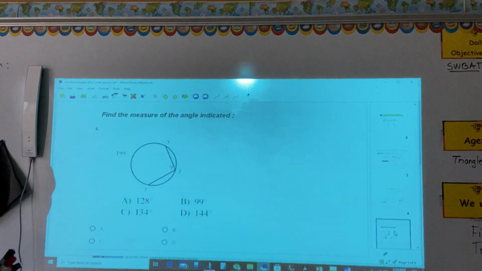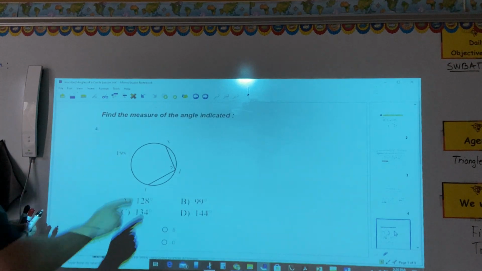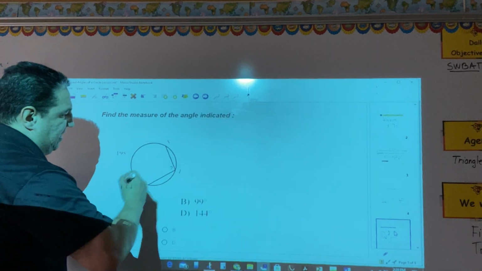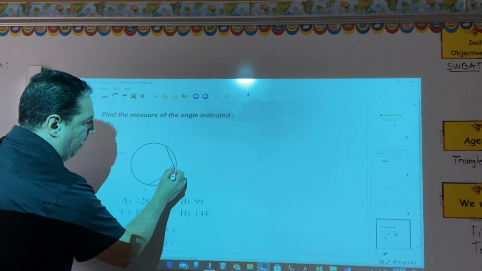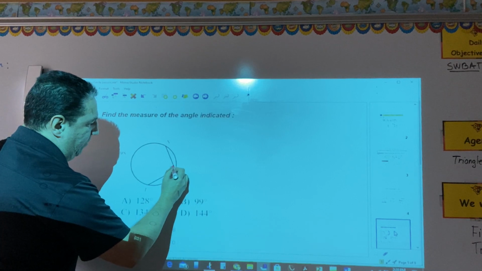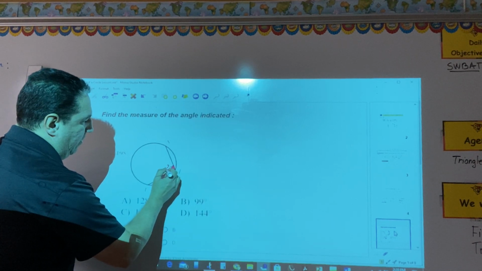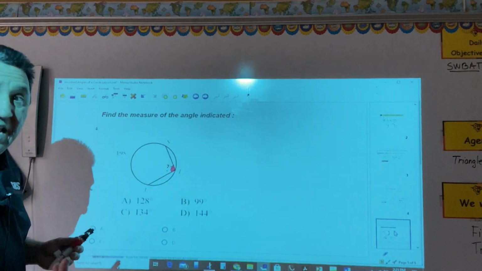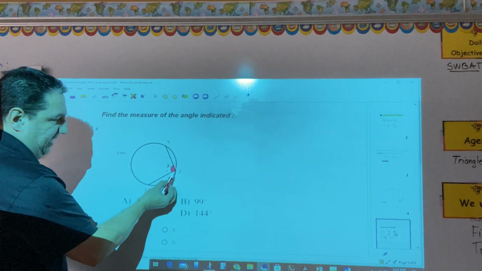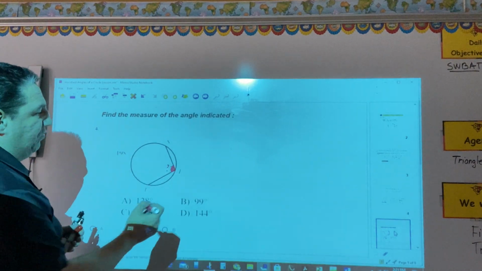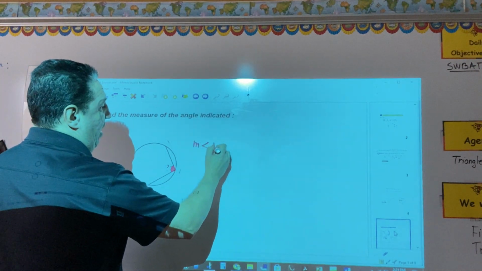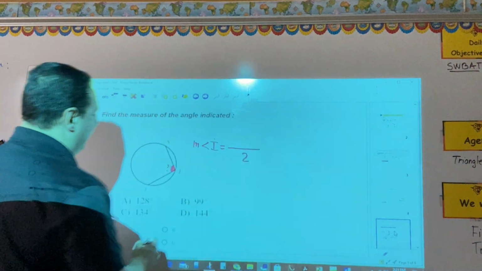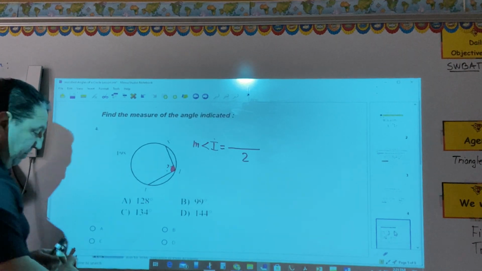Now, in this example, find the measure of the angle indicated. In this case, we need the measure of this angle. Now, this is an inscribed angle because its vertex is on the circle. We know the measure of angle I would be half of its intercepted arc.